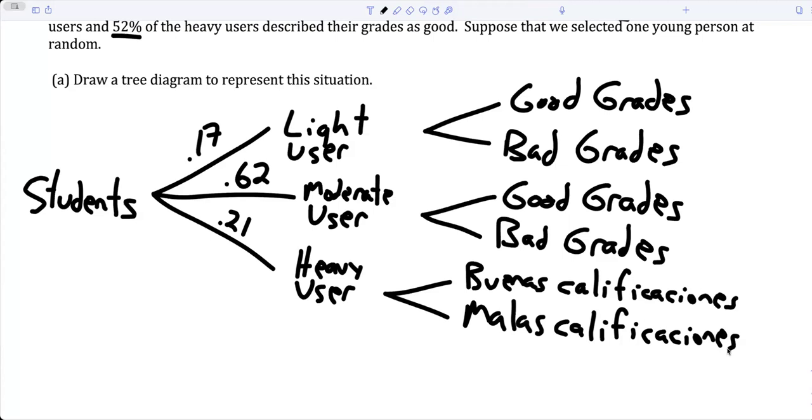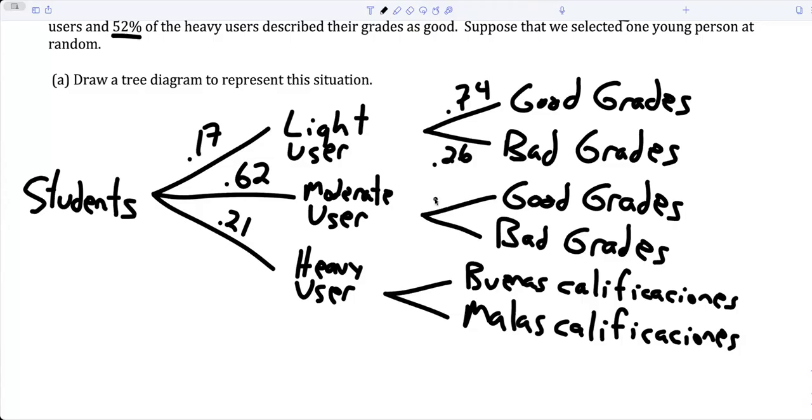Okay, so let's write down these percentages. How many light users classified themselves as having good grades? It was 74%, so 0.74. So this one would be 0.26.